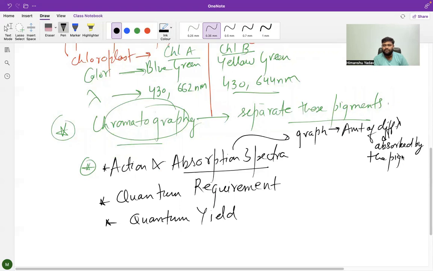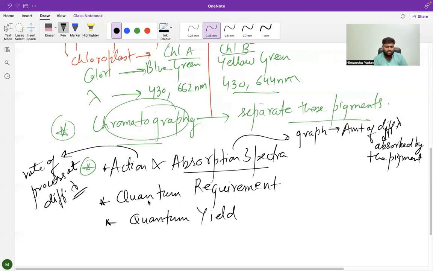In the case of action spectra, it shows the rate of a process at different wavelengths of light.